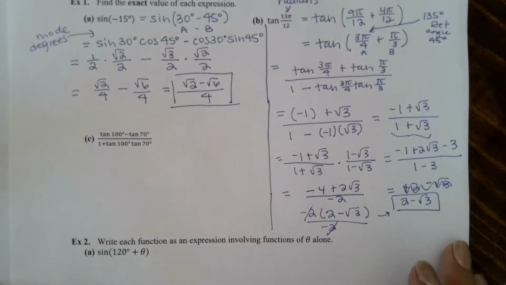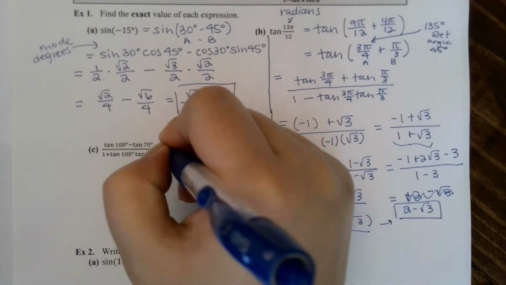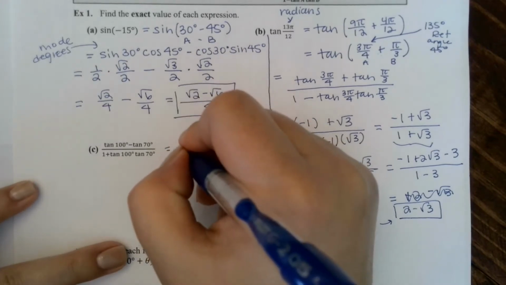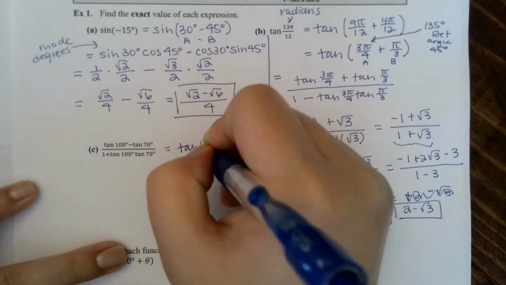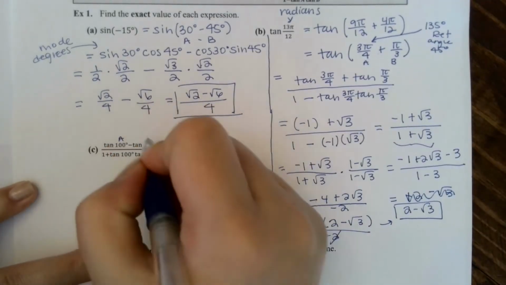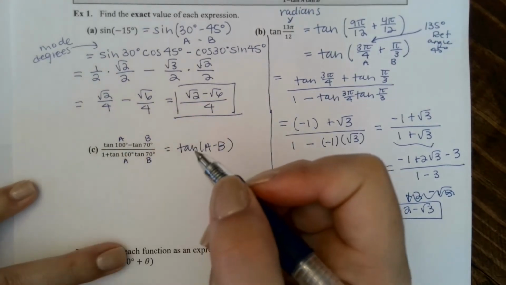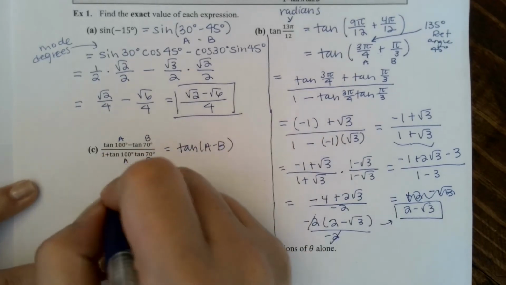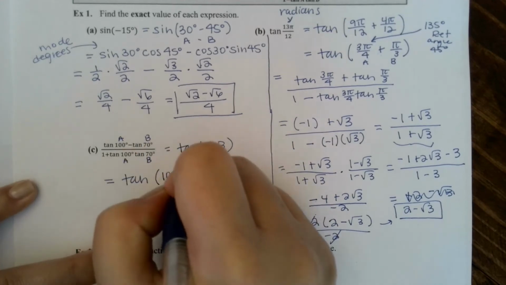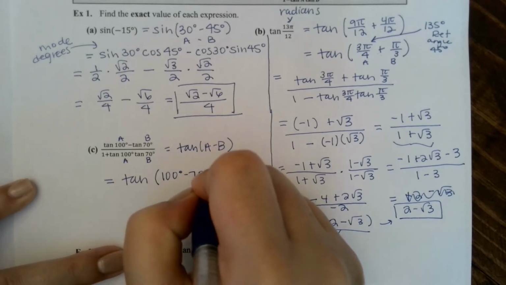Okay, so for C, if we look at C, we can notice that this is equal to the difference identity for tangent. So tangent of A minus B. Okay, so we have tan of A minus tan of B, and then 1 plus tan A tan B. Okay, so then we can say that this is equal to tangent of A, which is 100 degrees, minus B, which is 70 degrees.